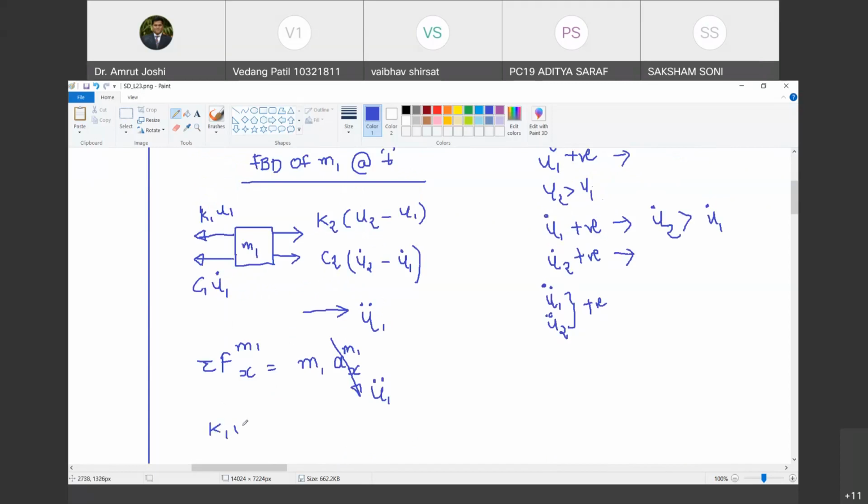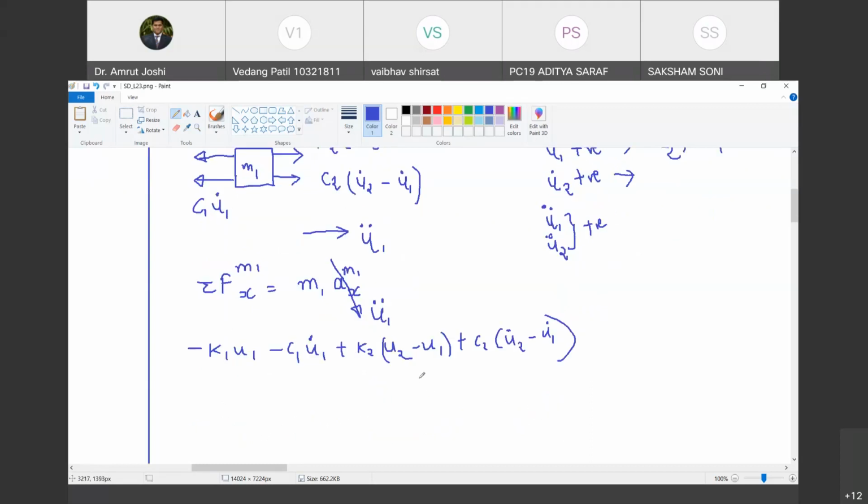K1 U1 minus, because it is towards left, minus C1 U1 dot. Happy? Plus K2 into U2 minus U1 plus C2 into U2 dot minus U1 dot. This must be equal to M1 U1 double dot.